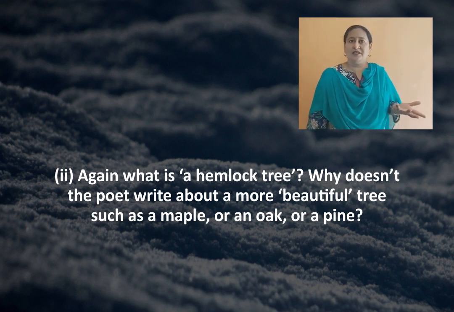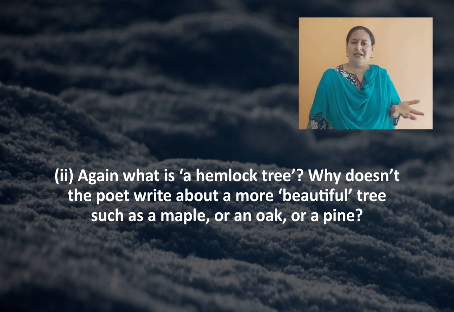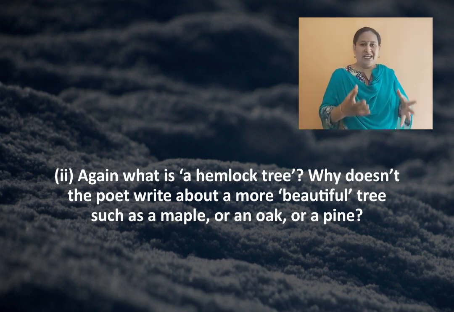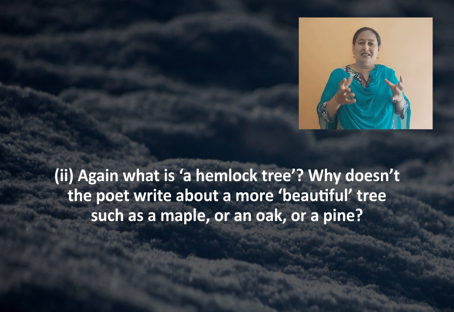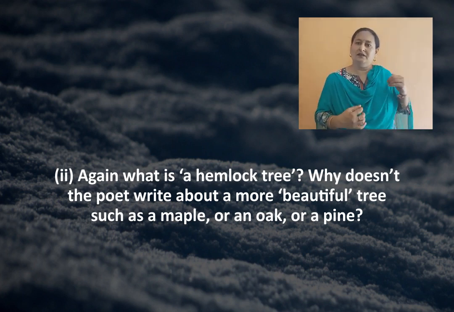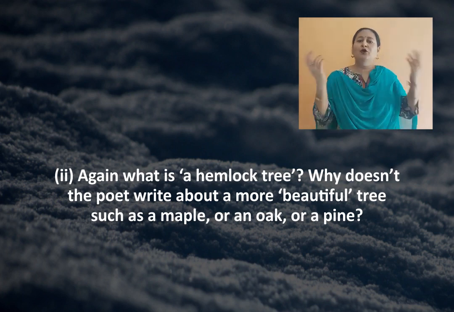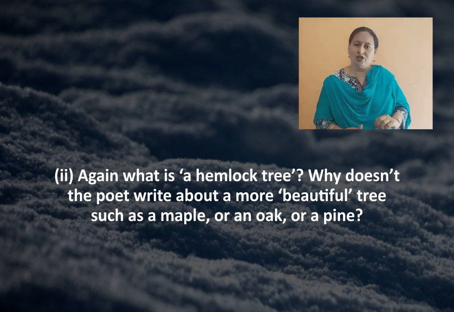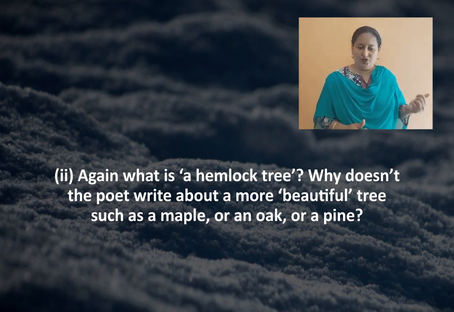So the poet doesn't write about beautiful trees such as maple, oak or pine because he wants us to feel the grief and the gloominess and the distress that was there in the mind of that person standing under the tree. He wants to give us a gloomy ambience, and that is why he has used the hemlock tree instead of any beautiful tree.